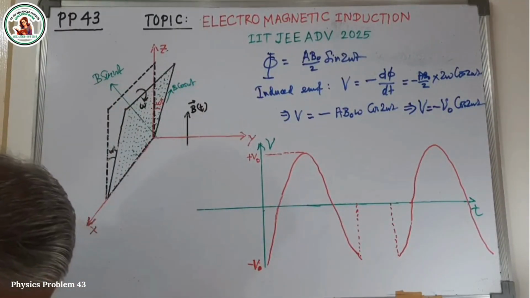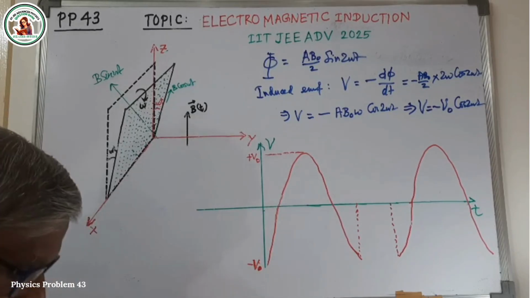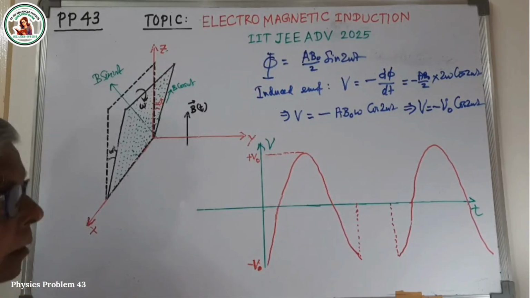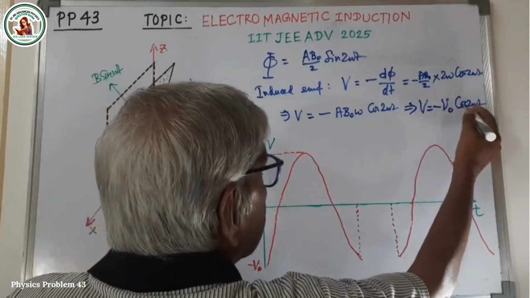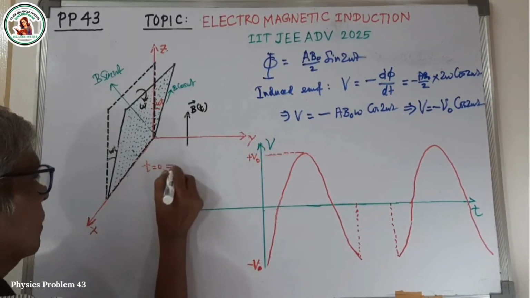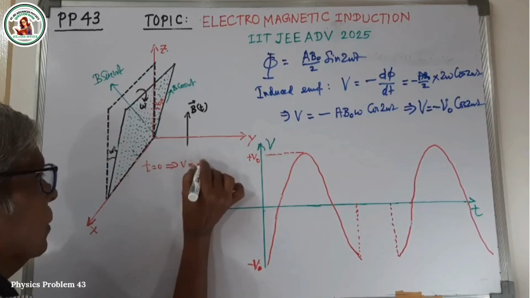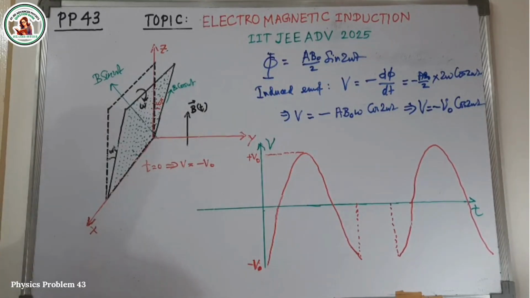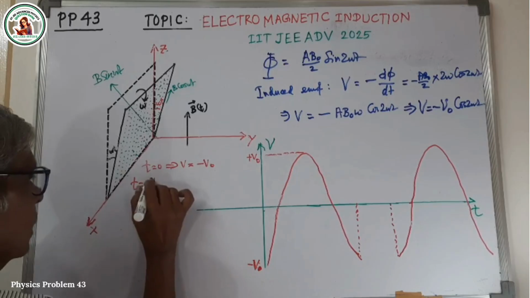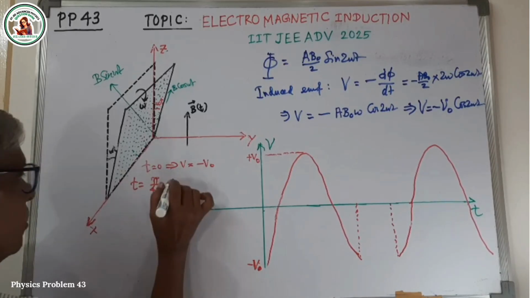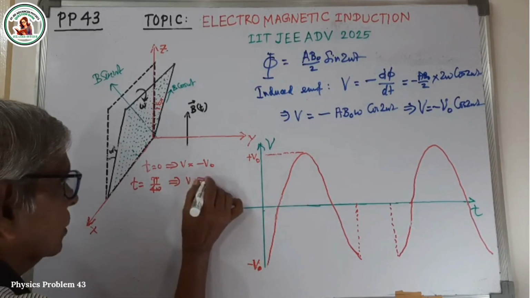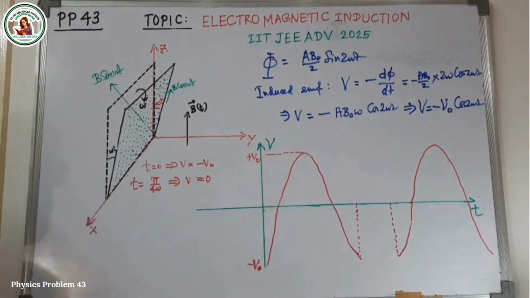Starting from t equal to 0, we proceed. At t equal to 0, V is equal to minus V naught, because cos is 1. Then at t equal to pi by 4 omega, V is equal to 0, because the angle will be pi by 2.